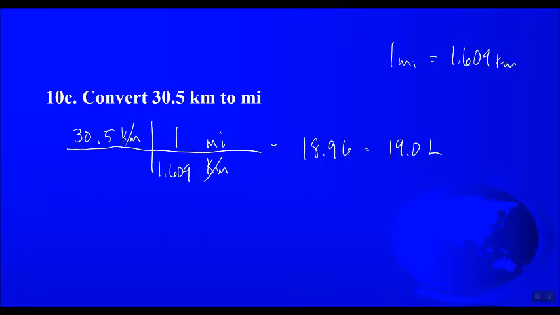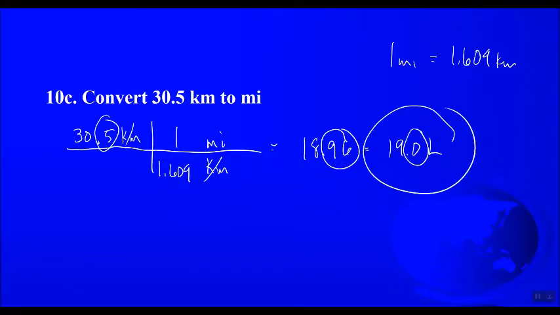Noticing something? 2 decimal places, only 1 decimal place. 1 decimal place is the answer that I want. So when we talk about significant digits, we're going to be talking about the fact that your final answer should reflect how precise your initial unit is.